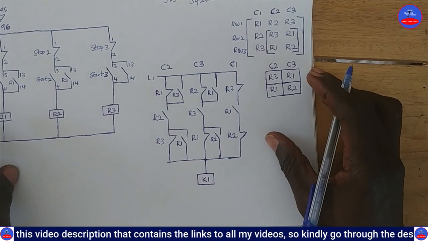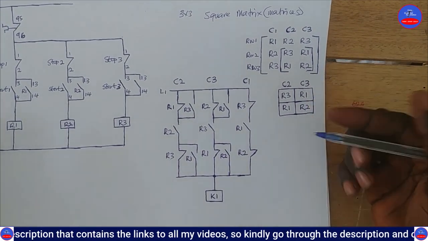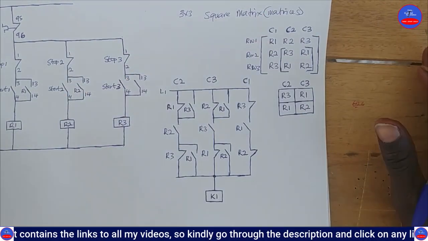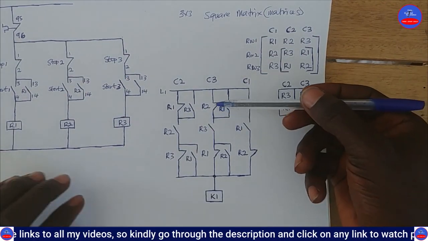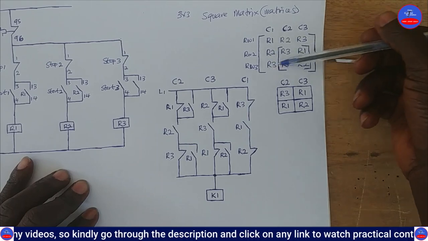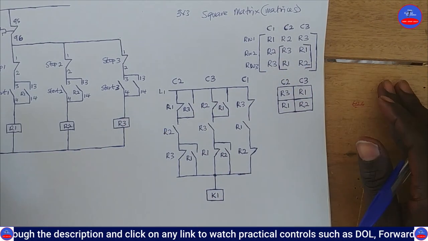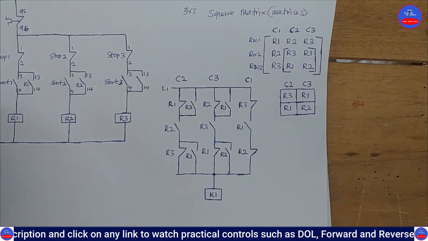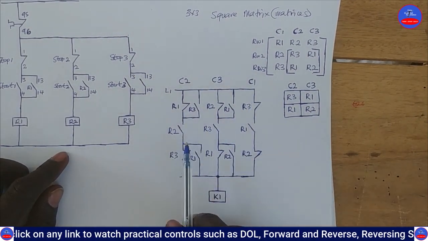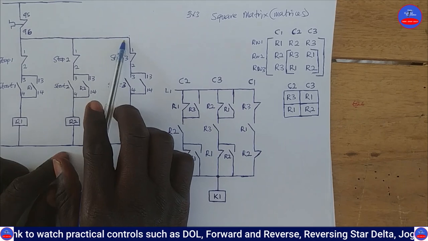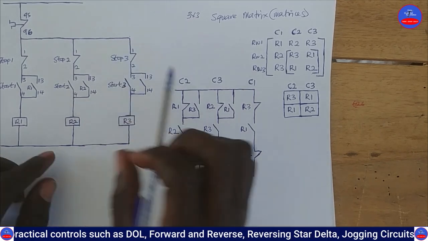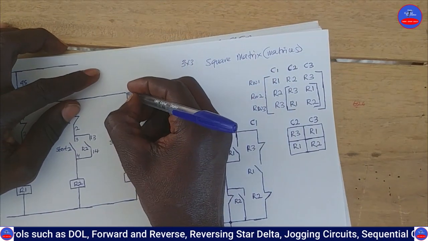All right. So this is the control circuit. We are done with the control circuit. All right. So we drew this control circuit using the 3x3 matrix and then the 2x2 matrix. All right. So we are done. All right. So now this line, I told you earlier, this line, it should be from here. Okay. So let me join it here.